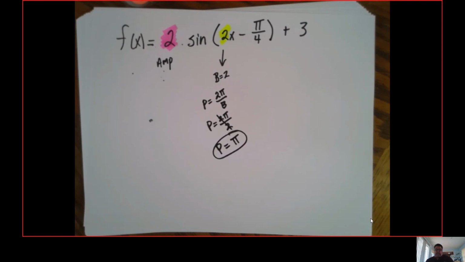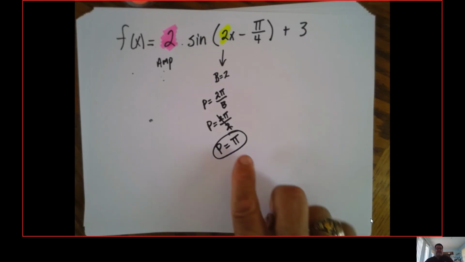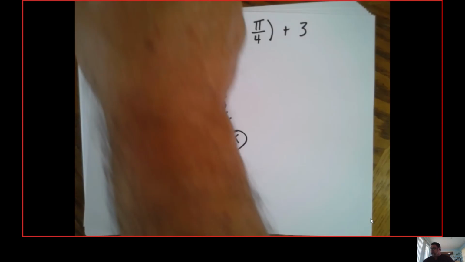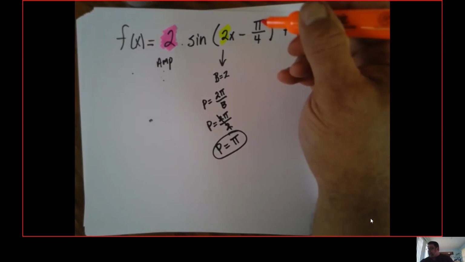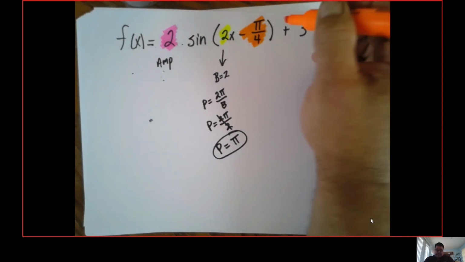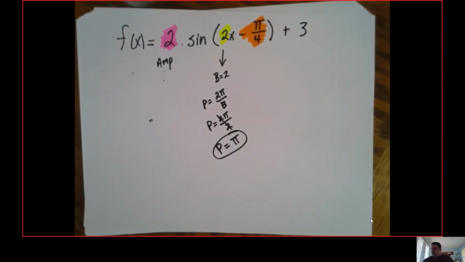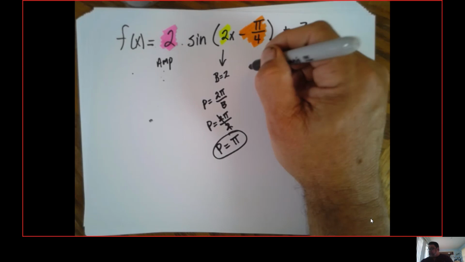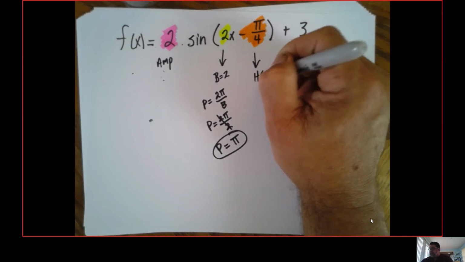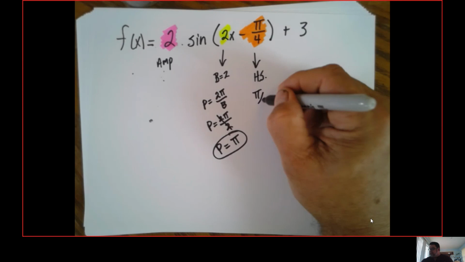Okay? And the rest is just like your family of graphs. That's the only difference. Okay? And the rest, this is your horizontal shift, which is pi over 4 to the right, which you would punch in. That's horizontal shift. Pi over 4 to the right.